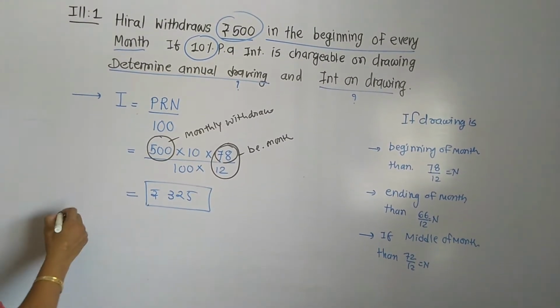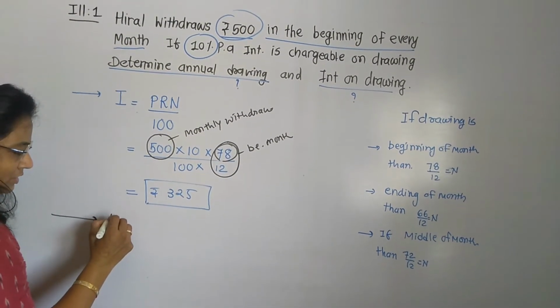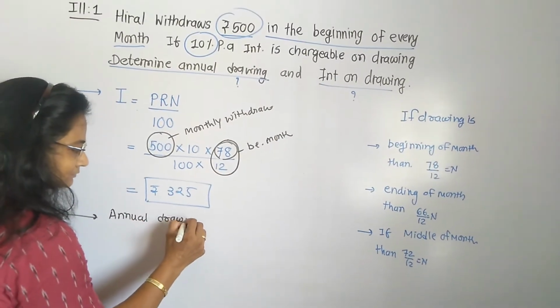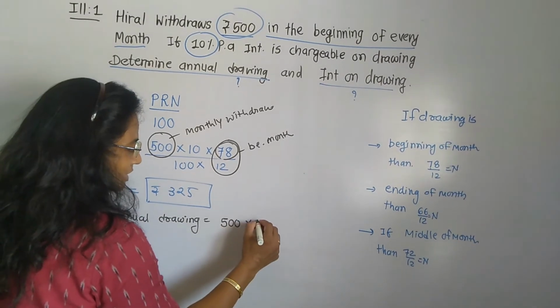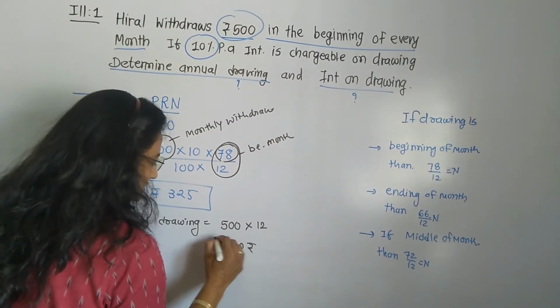Okay. Now second answer, annual drawing. Annual drawing is equal to monthly 500, in 1 year 12 months. Total withdraw for whole year is 6,000 rupees.